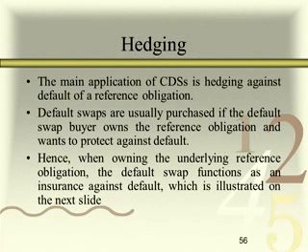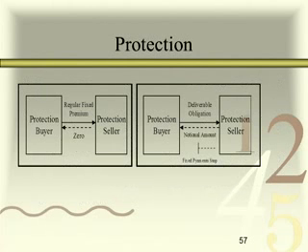Hence, when owning the underlying reference obligation, the default swap functions as insurance against default. This is just a restatement. So if they are looking for protection, they pay the premium to the seller. If nothing happens, zero money goes from the seller to the buyer.